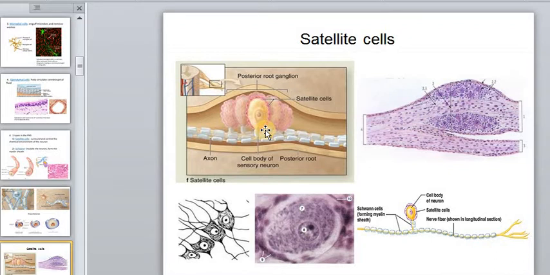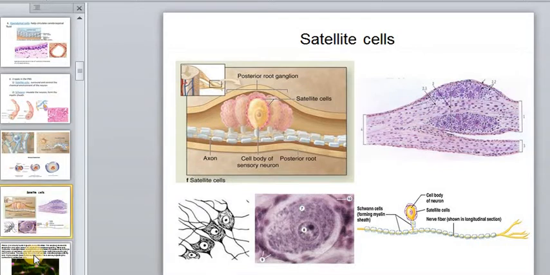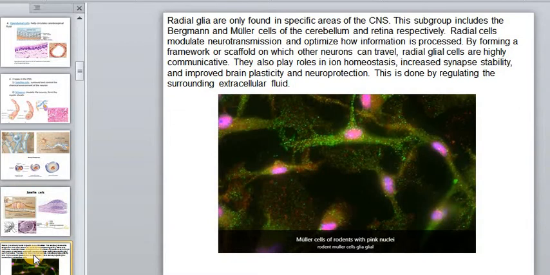In the sensory nervous system, satellite cells regulate potassium levels, and the neurons respond to the periphery with the presence of neurotransmitters. So next slide, I want to show two more types of glia.